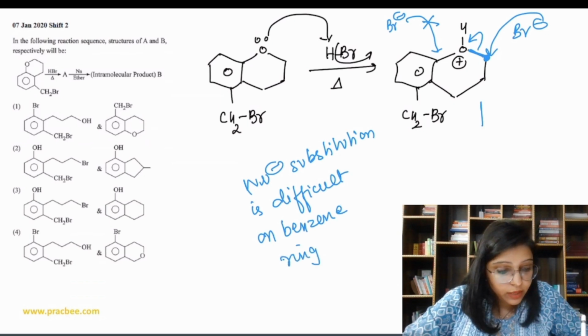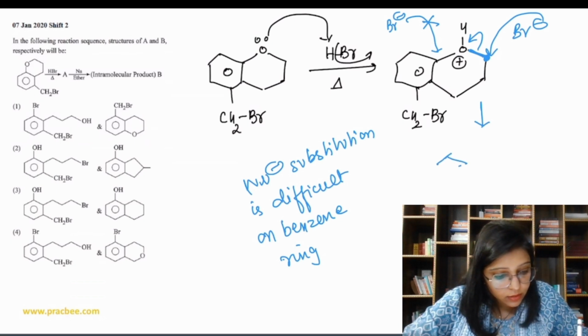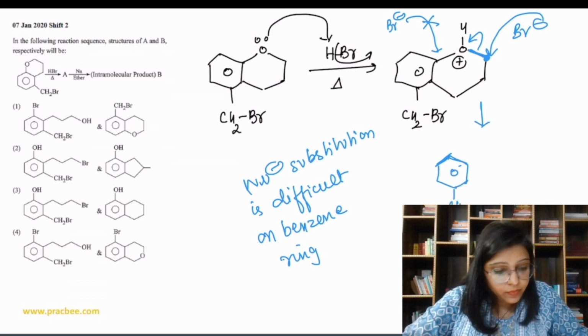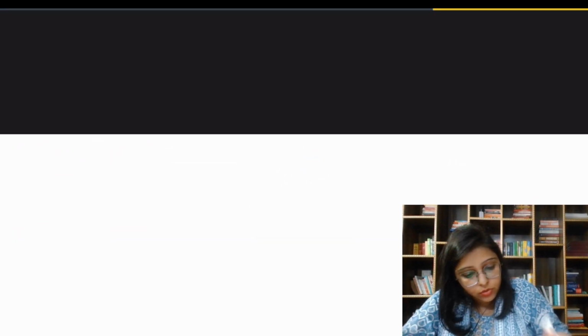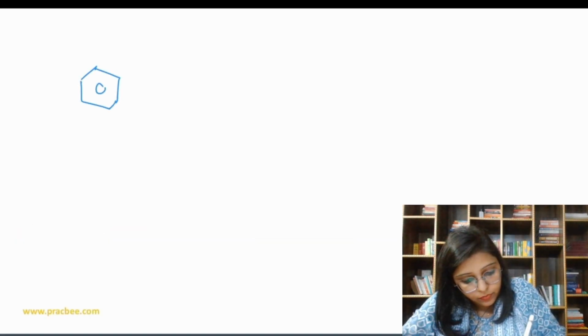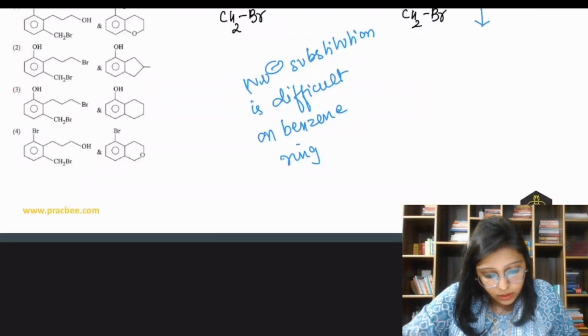So what do we get from here? We get CH2Br. Let me write this on the next page. So we get CH2Br. Okay?